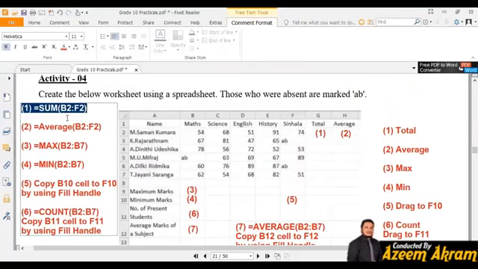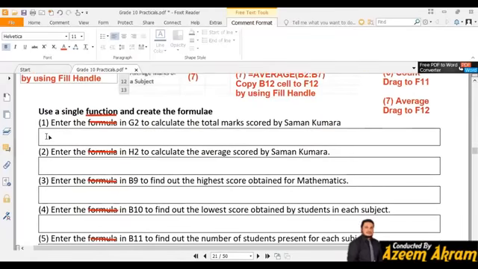Read the question: enter the function in G2 to calculate the total marks scored by Saman Kumar. So to get Saman Kumar's total marks it is B2 colon F2.